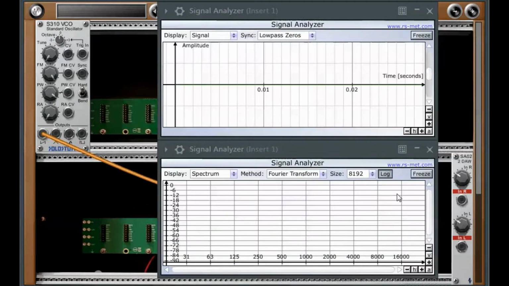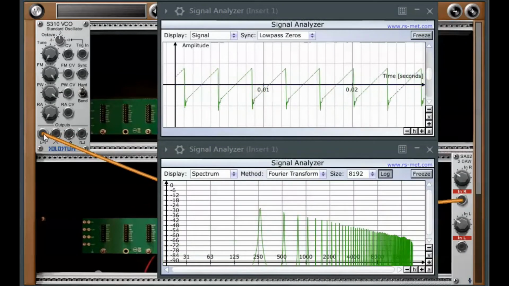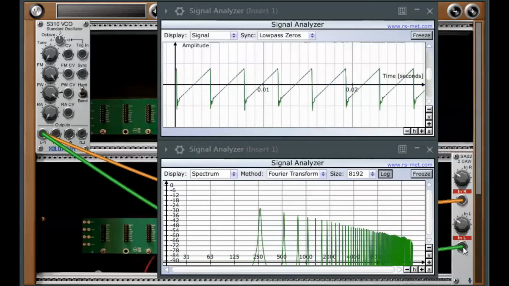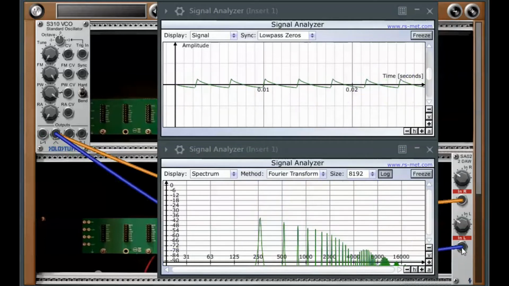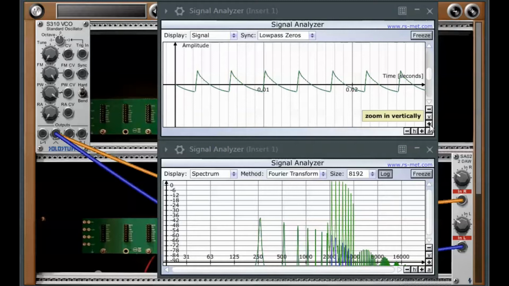Let's have a quick look at the 4 waveforms. Saw. Triangle. Sine.